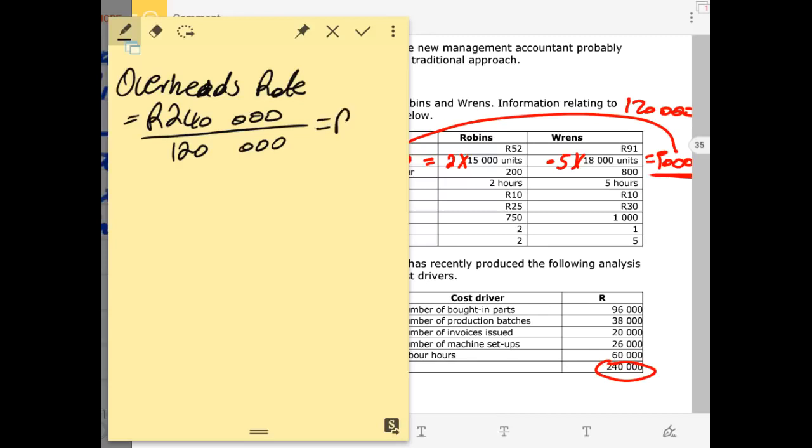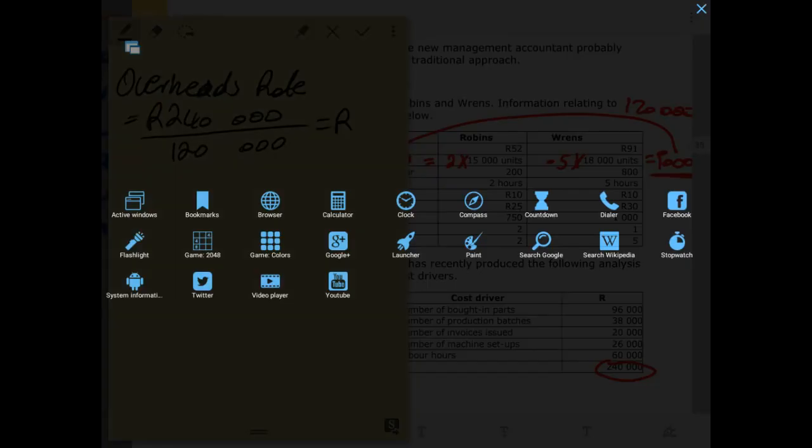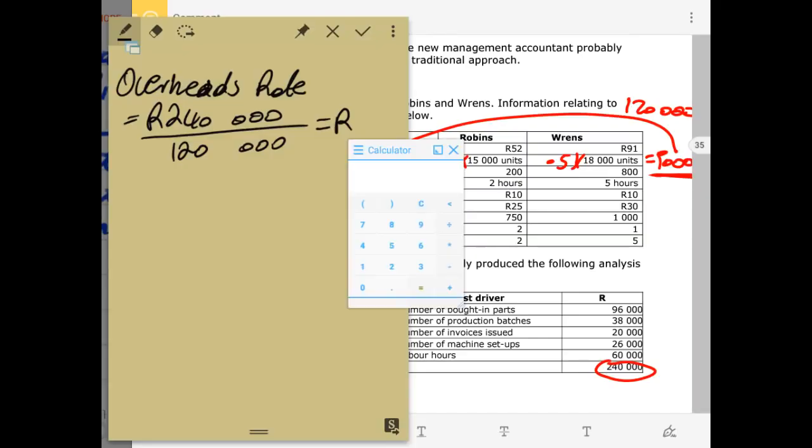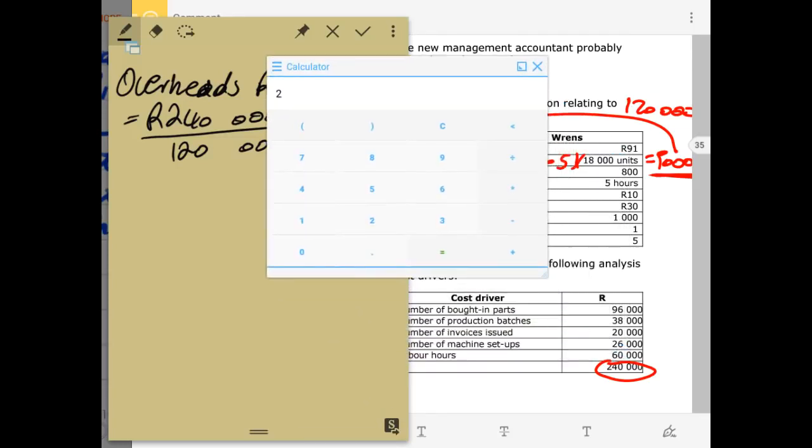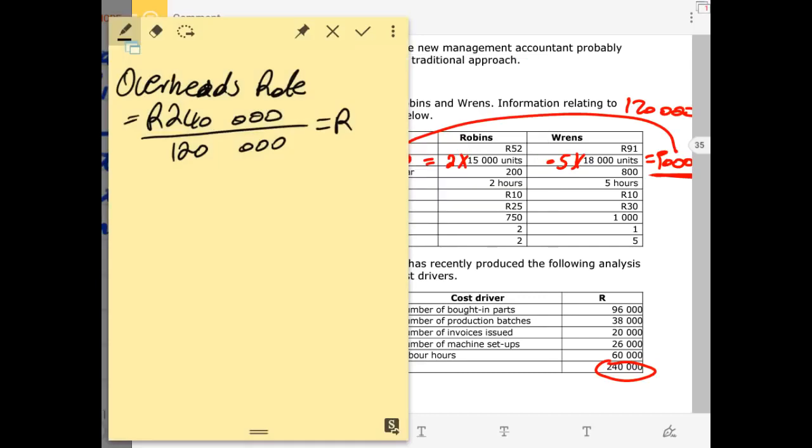That will give us the overhead rate, which will be 2 rand per labor hour. So this is our overhead rate: 2 rand per labor hour.